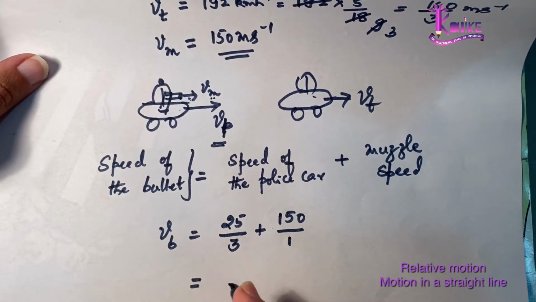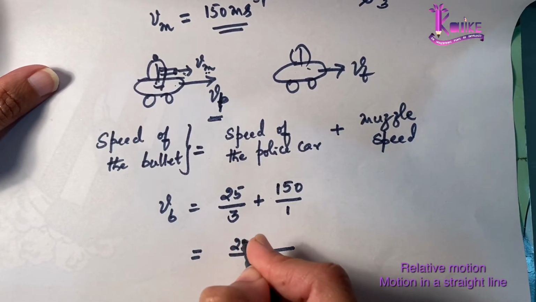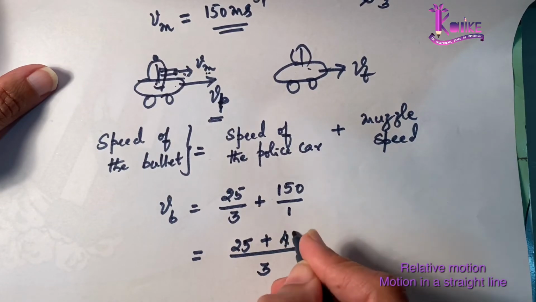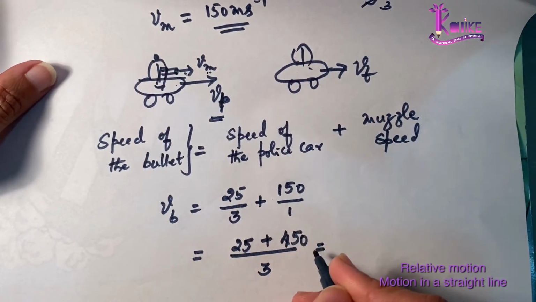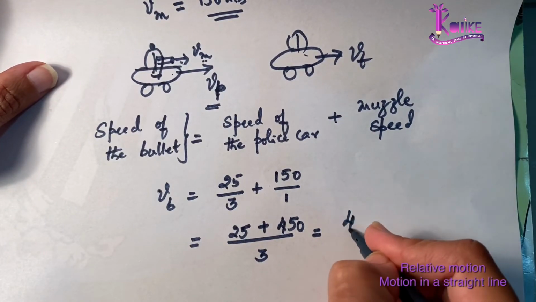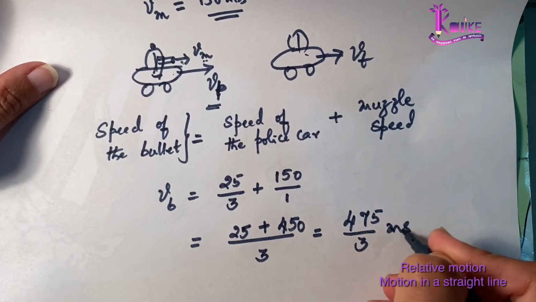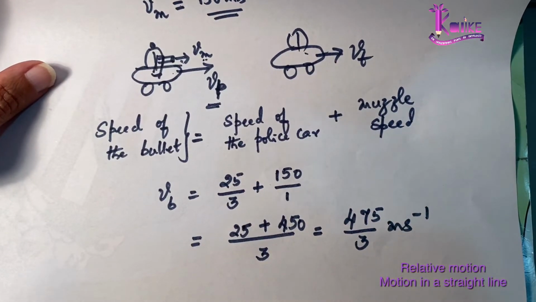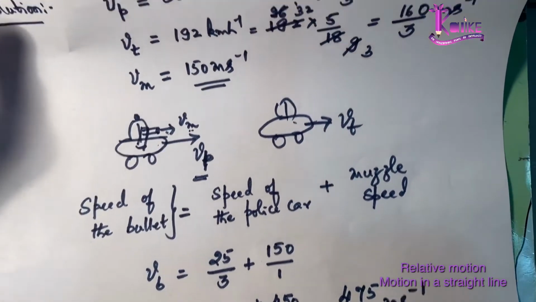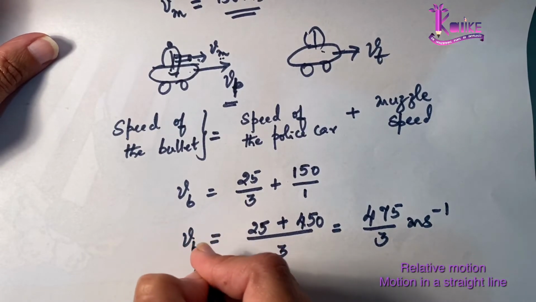Now if you take the LCM, this becomes 3. This is 25. So this you multiply by 3, this becomes 450. So when you add this, it becomes 475 divided by 3 meter per second. So this is the speed of the bullet.